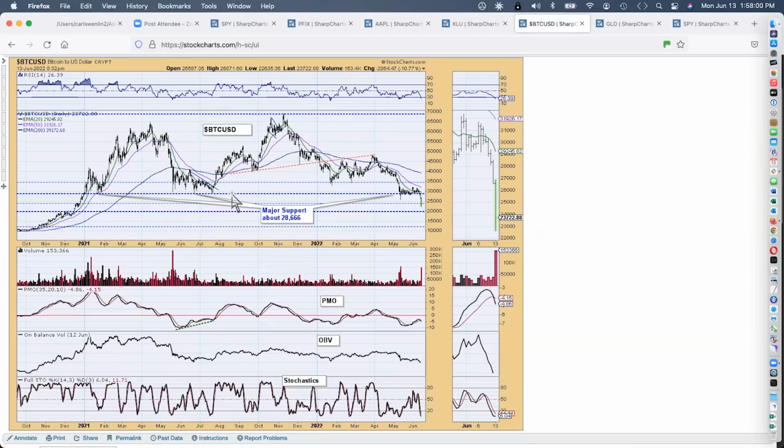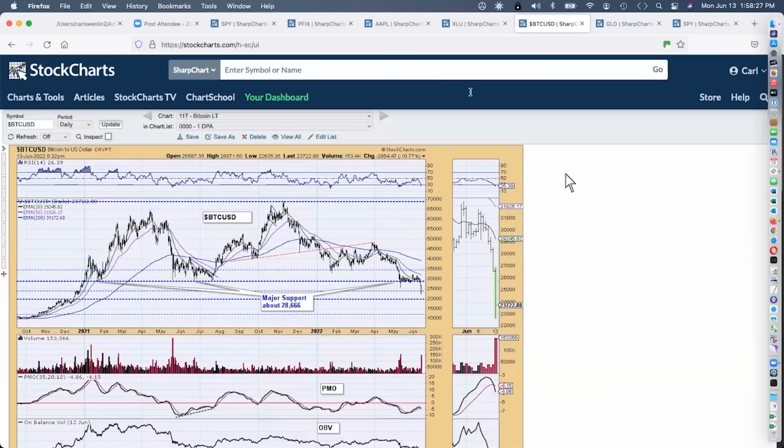Well, I remember we pointed this out maybe a month ago. We started looking at this support, and that's when I started thinking that we were going to lose this. And this is the beginning of the end for cryptos, as far as I am concerned. Yeah, 10,000 is just a little ways away now, and we'll see it soon, I'm sure.